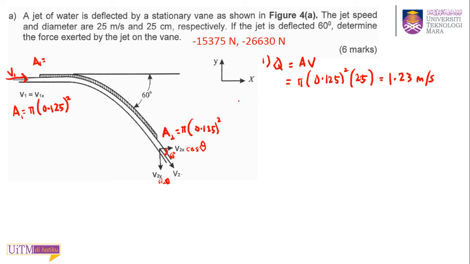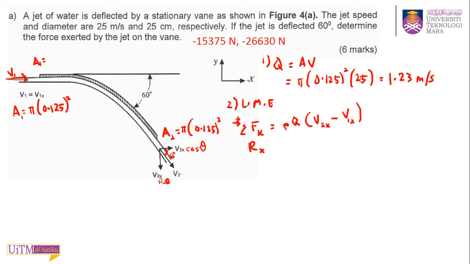Okay, that's your Q, and then you can use your linear momentum equation. Okay, to the right positive, and this is your reference axis. Summation of force in x direction equal to rho Q times V2x minus V1x. Okay, and you only have Rx lah, in force you don't have pressure force, and you have the W, so only Rx.